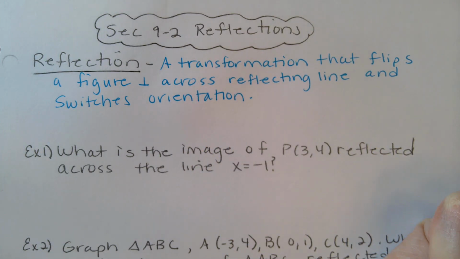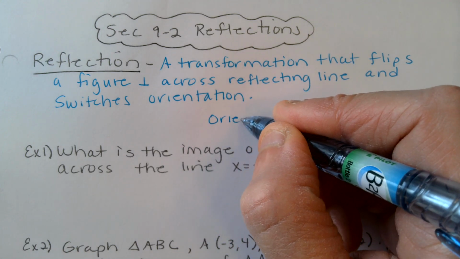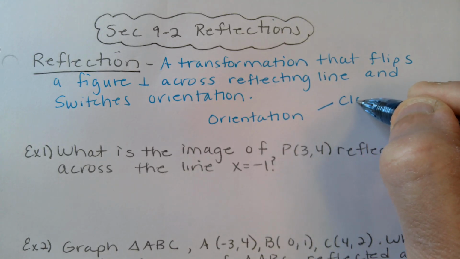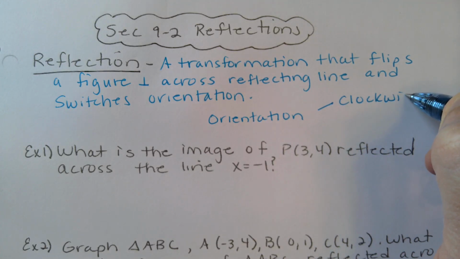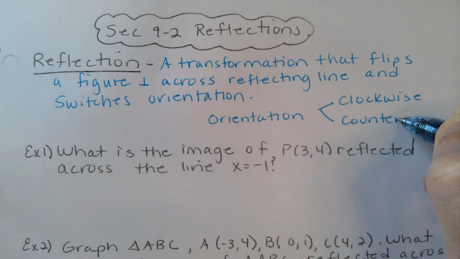which I just realized we never talked about, is orientation. So orientation has two options. It's either clockwise or counterclockwise. So let me grab my other sheet because I have it from 9-1.